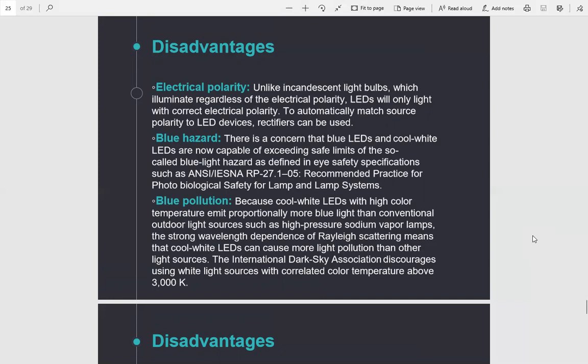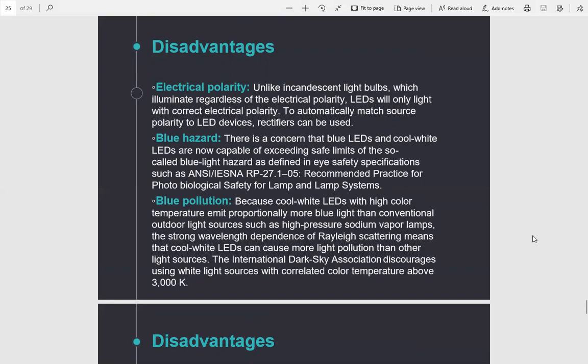There is a concern that blue LEDs and cool white LEDs are now capable of exceeding safe limits of the so-called blue light hazard as defined in the eye safety specifications, such as ANSI/IESNA RP-27.1-05, recommended practice for photobiological safety for lamp and lamp systems. This is just an example.